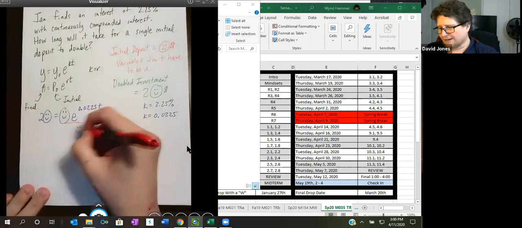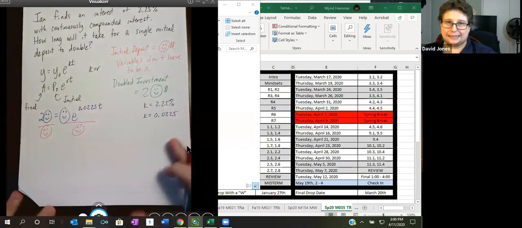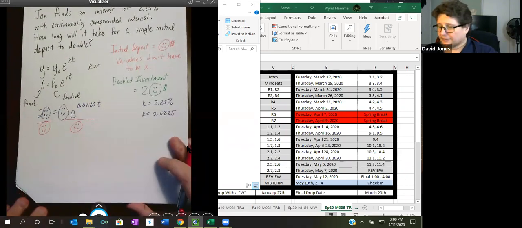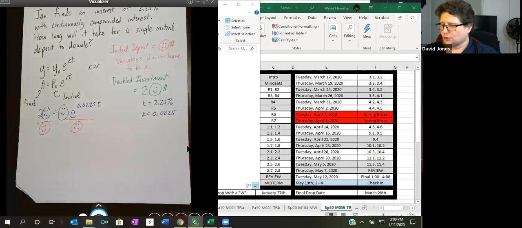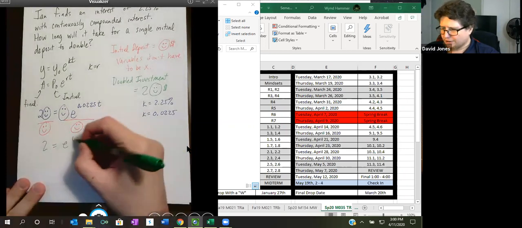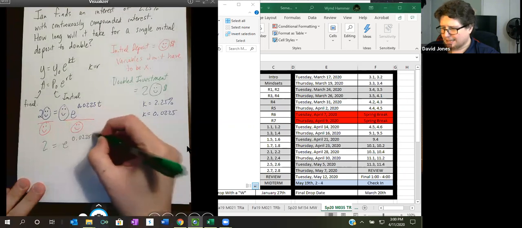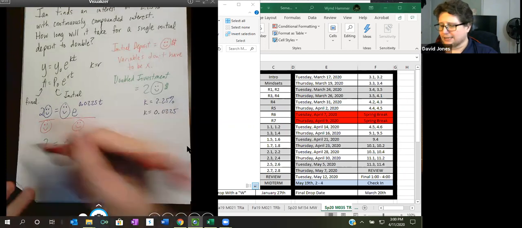Interestingly enough, we divide by smiley face. If you don't like smiley face, you can use X. We get 2 equals e to the 0.0225 t. Again, take the natural log of both sides.